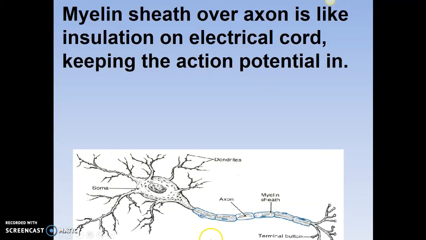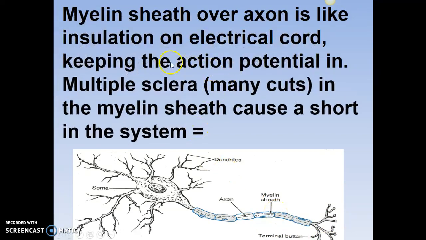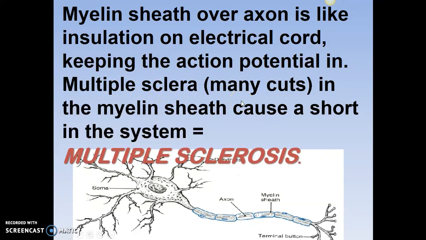If this myelin sheath should get nicked or cut, get little cuts we call sclera, that kind of gives away what happens, right? Multiple sclera, many cuts, you get this thing called multiple sclerosis. And that's just that. The brain sends a message to move. You get these electrons sneaking out down here. The message doesn't get sent all the way down, so these little ends do not innervate the muscle fibers. So you walk jumpy and choppy. Sometimes the muscle moves, sometimes it doesn't.